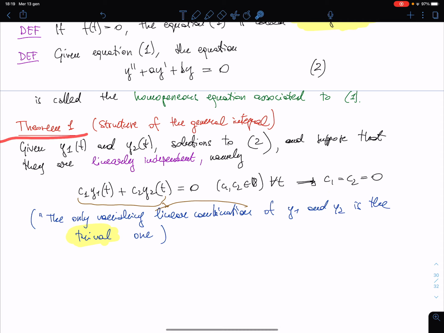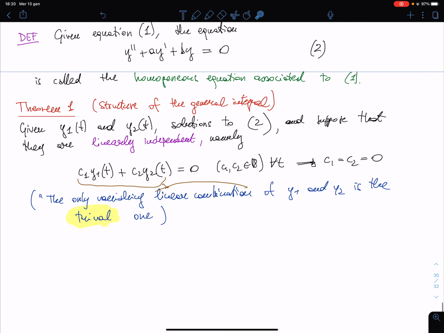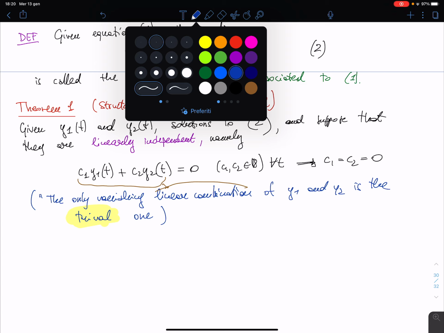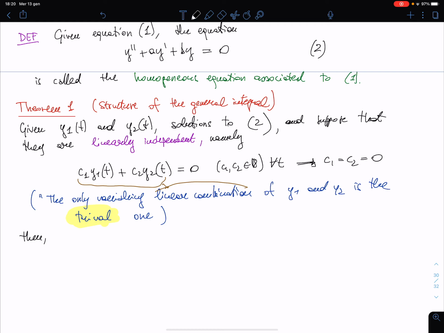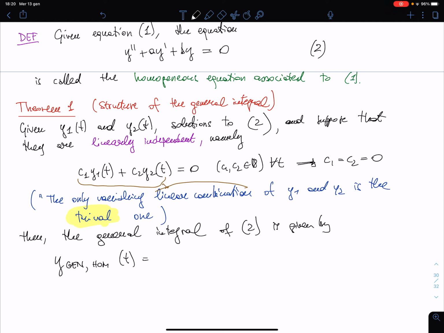Now, theorem 1. Given y1 and y2, solutions to 2, supposing that they are linearly independent, namely this happens, then the general integral of 2 is given by y gen of the homogeneous equation of t, equal to a linear combination of these two, y1 and y2, for every c1, c2 in R. Okay?